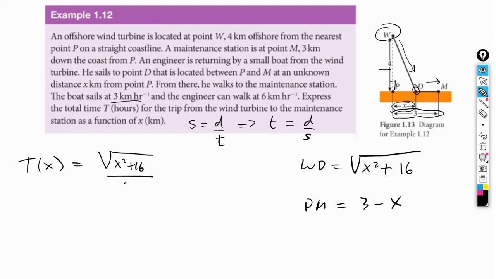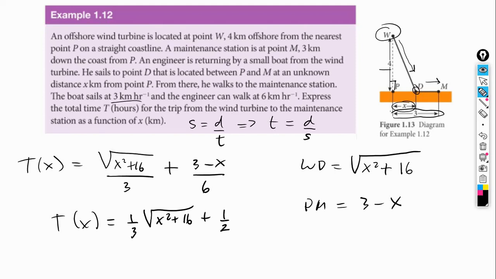That's the time it took from W to D, plus 3 minus x, the distance between D and M, divided by the speed of 6 kilometers per hour. And then we can just rewrite this as T of x is equal to 1/3 square root of x squared plus 16, plus (3 minus x) over 6.